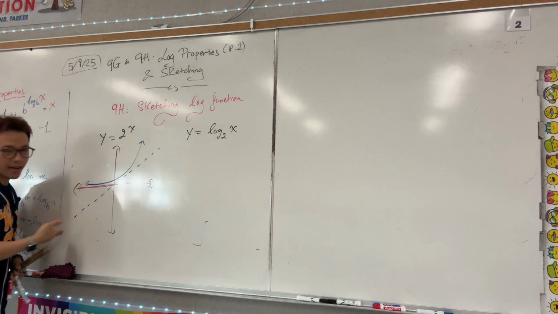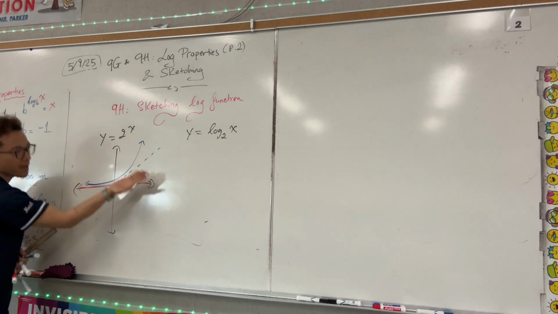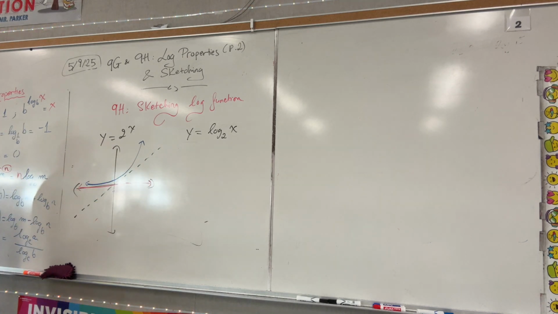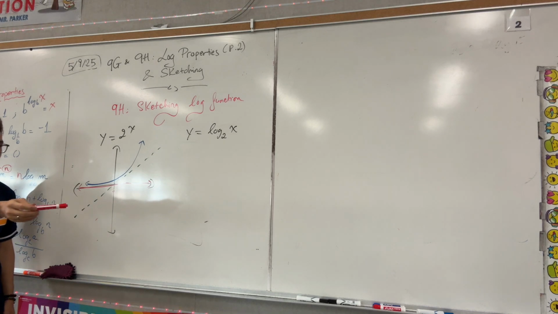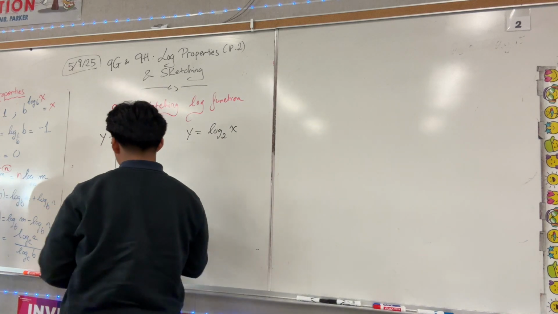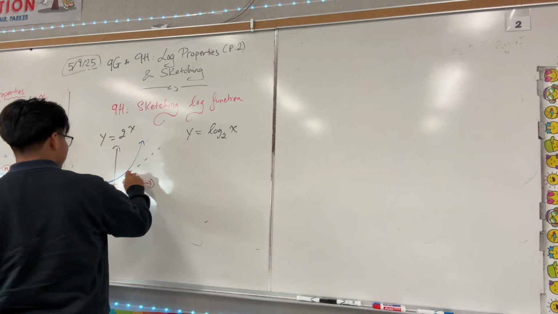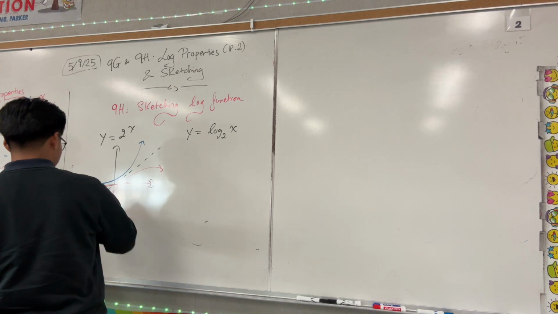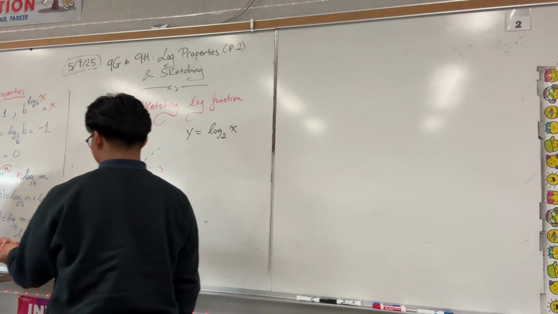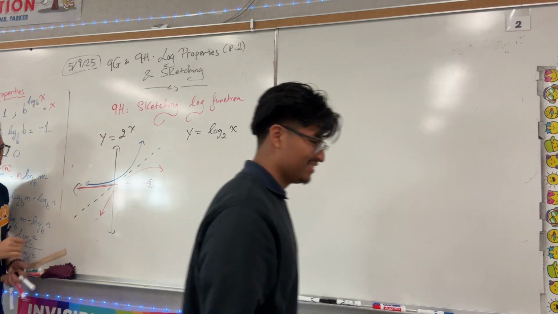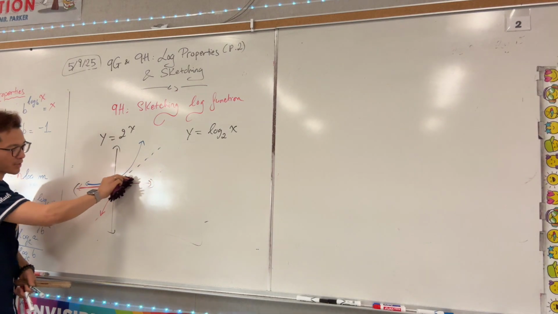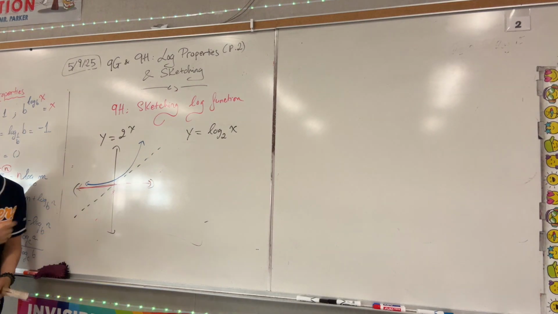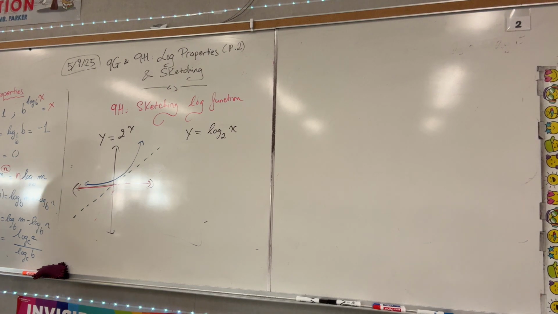Just reflect over this line. Just flip it. It's not that hard. You just flip it. Okay. All right. Let's give Alan 1 point. Who wants to try? You have the same idea?